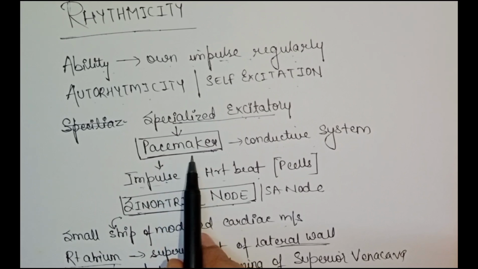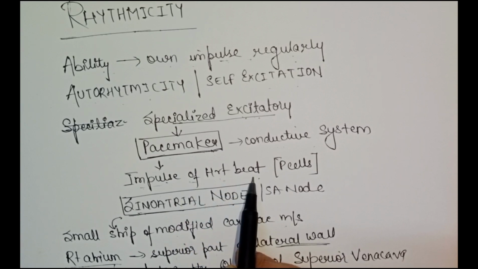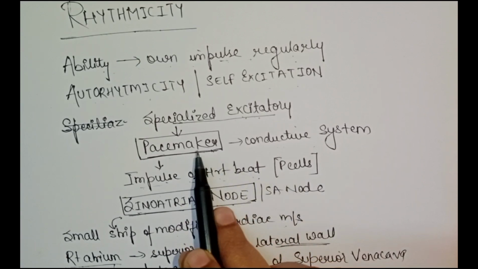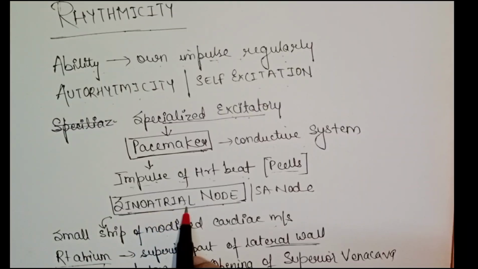The pacemaker is the structure of the heart which produces the impulse of heartbeat. Sinoatrial node or SA node is the pacemaker in the human heart.